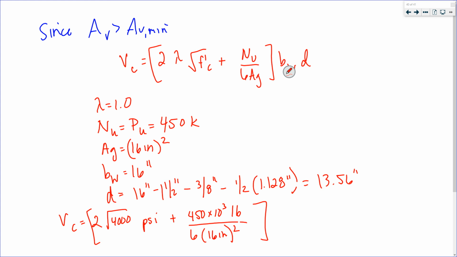All that times 16 inches, 13.56. So I get 91 kips, like 91,000 pounds or 91 kips.